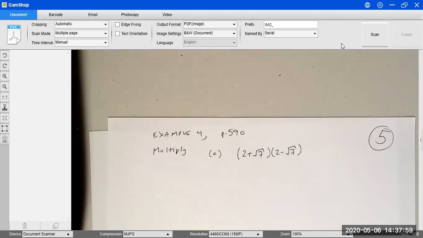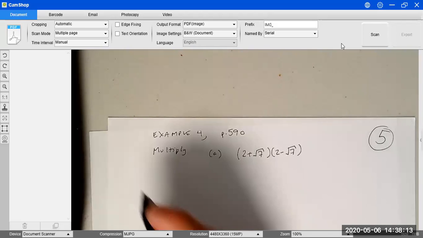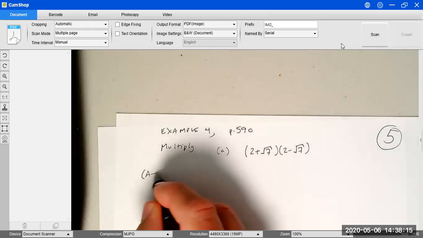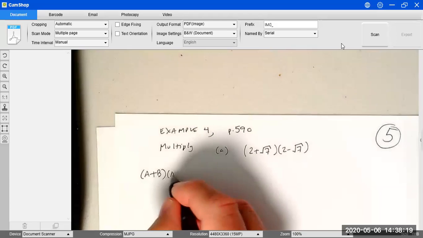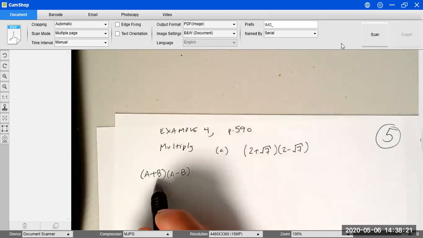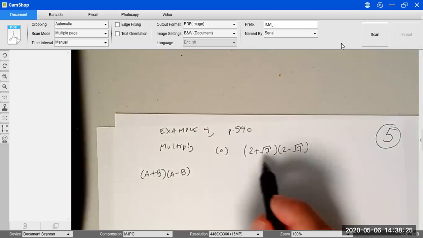You can check that you're going to be able to apply all the rules, the shortcuts that you have learned so far in this class. If you remember, there is a special product when you have conjugates. Remember the conjugates, they look the same, the only difference is the sign in between. And that's our case now.